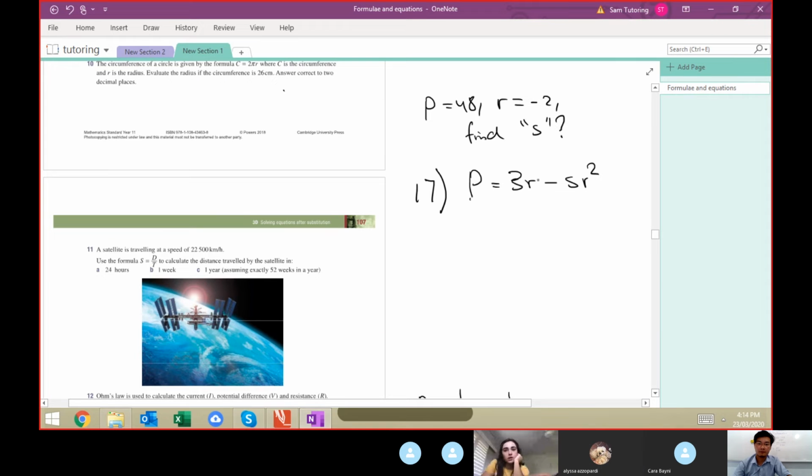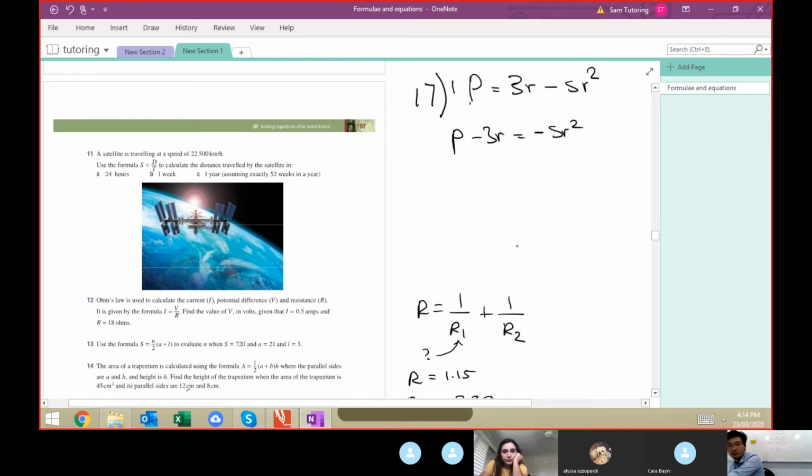Move 3R over. Yep, so you get P minus 3R is equal to negative S R squared. What do you do afterwards? We could square root the R, but remember, we just want to get S by itself, right? So the way I like to do it is that you leave S alone, you need to move everything else.